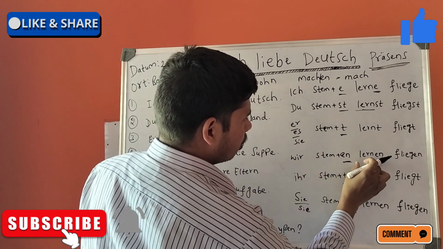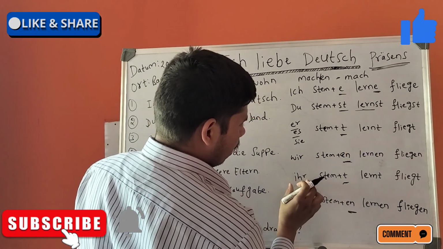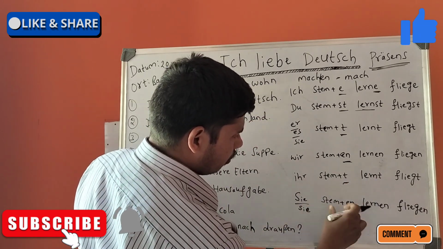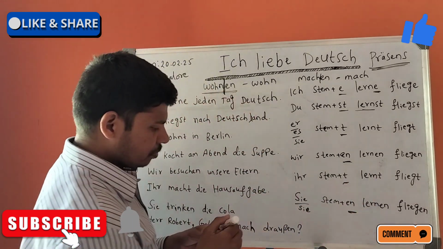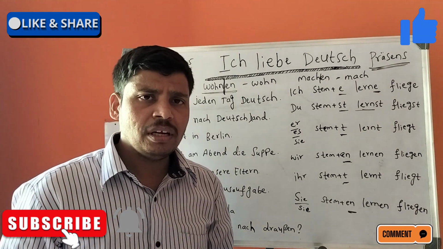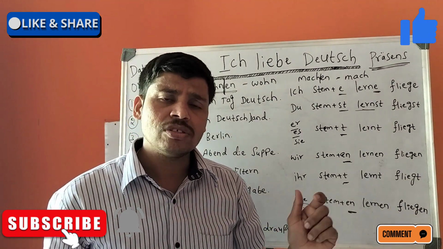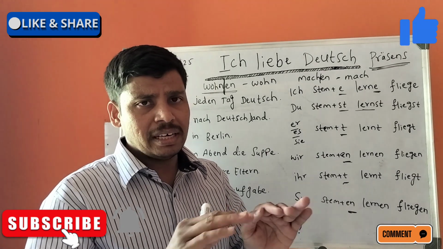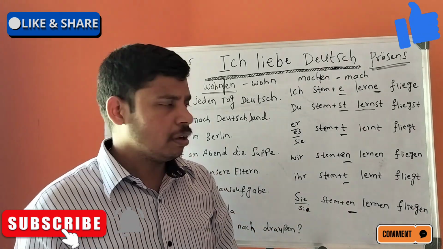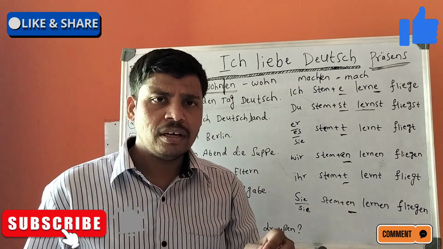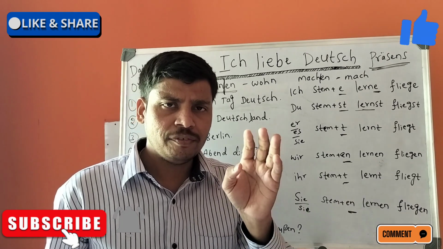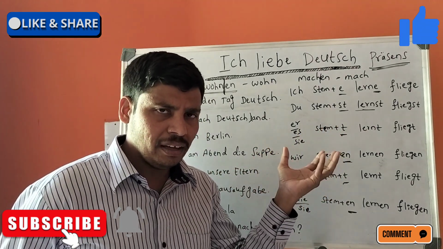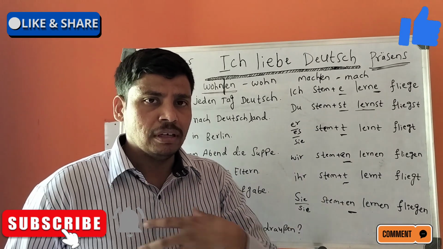For sie, stem plus en, lern plus en. So it is very fundamental to learn the conjugations. Then only we will be able to write sentences in the German language. After the basic verbs sein and haben, present tense is the one thing that we all have to learn.